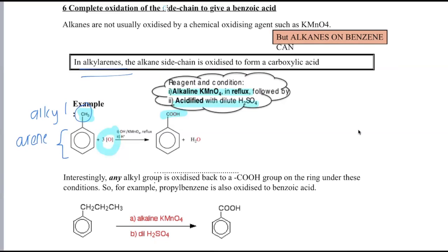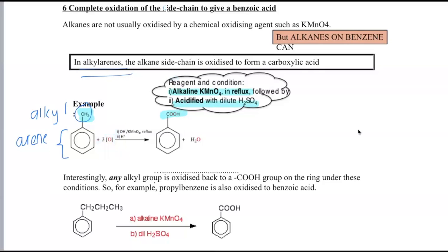Do not write down alkaline potassium manganate and acid together, because what happens is the alkaline and the acid will just neutralize each other. Okay, the reason why we write down step 1, step 2 is because you do step 1 first and then followed by step 2. You cannot mix step 1 and step 2, otherwise it's just neutralization of the alkaline and the sulfuric acid.